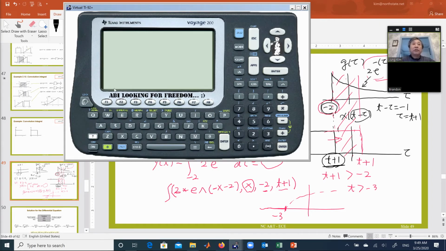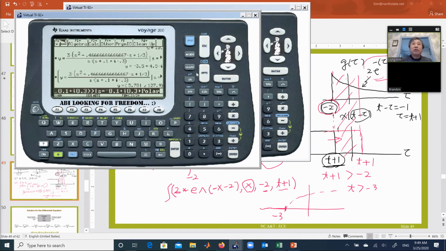Okay, let's do this one. I can do it like this. Integration, and then 2 times e to the minus x, this is x plus 2.